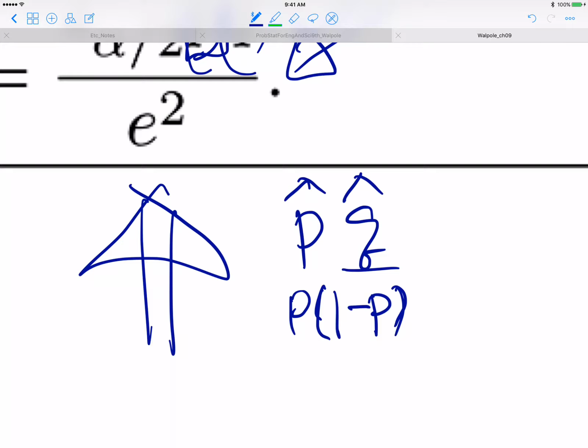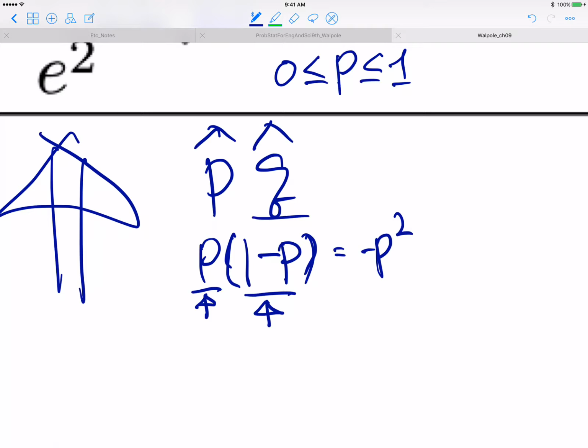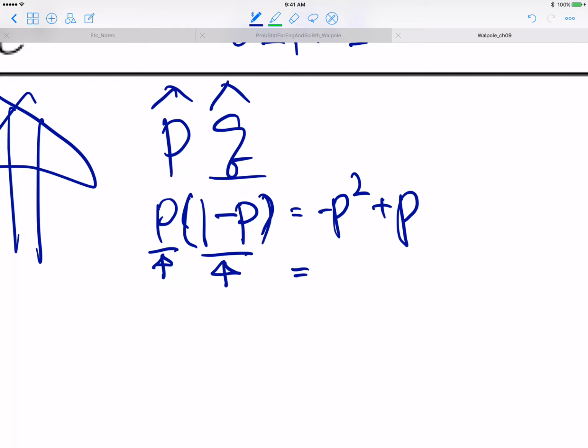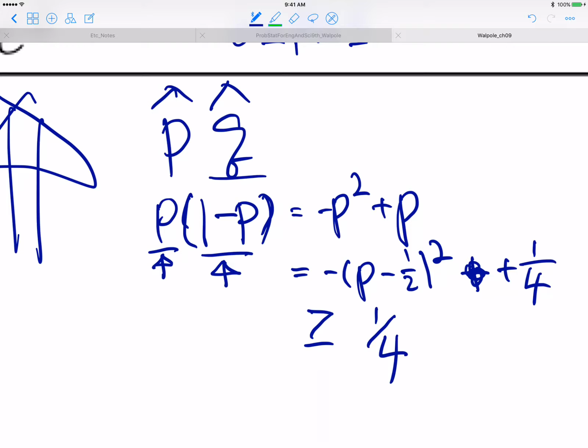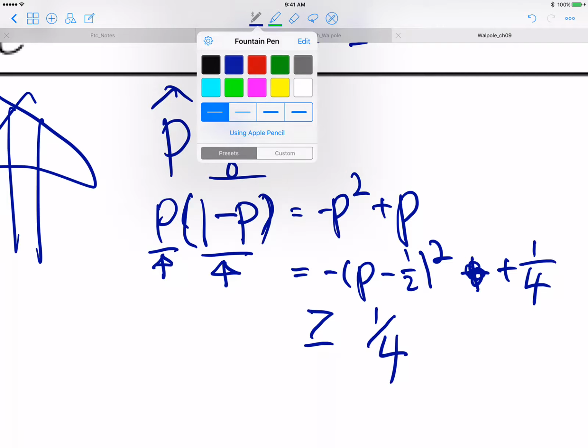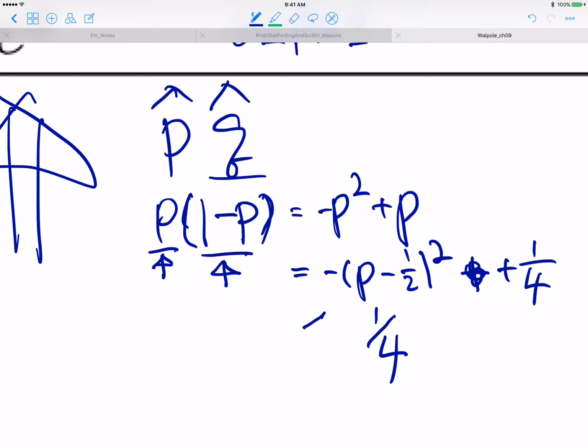In general, if we consider p multiplied by 1 minus p, and we know p is between 0 and 1, if we evaluate this, the value is at most 1/4, right?